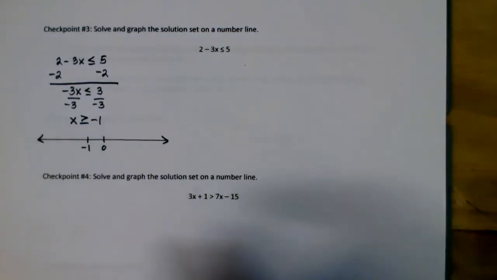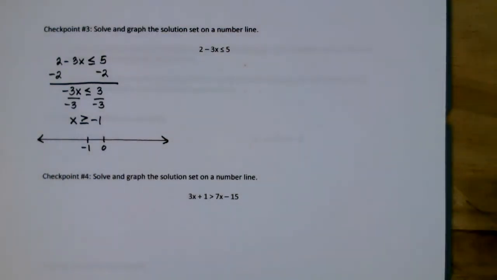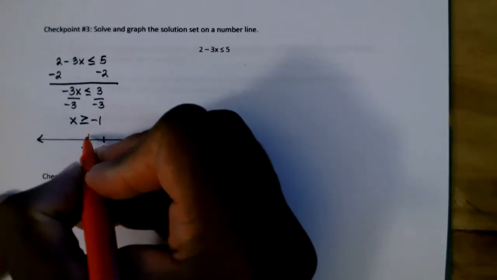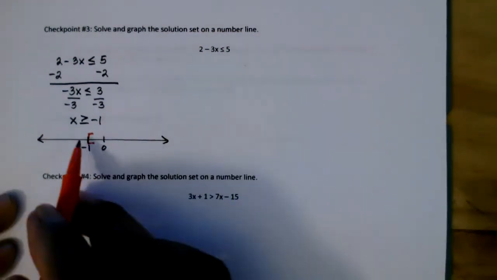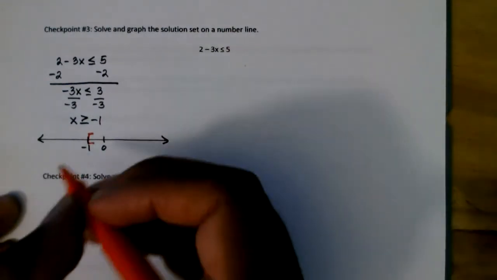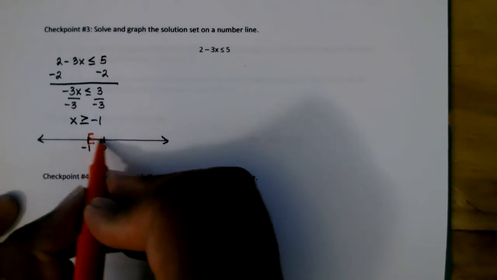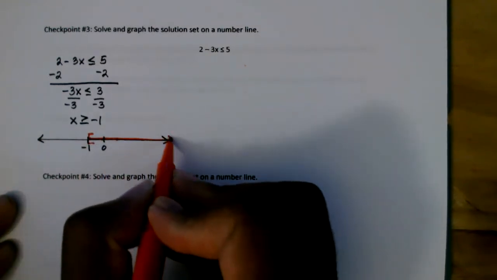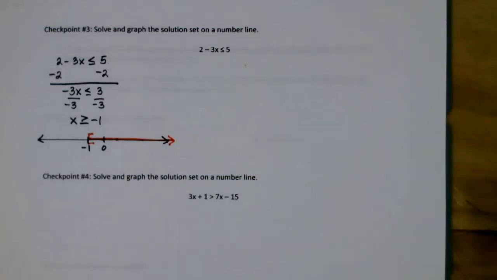That means that negative 1 is included, so we're going to put a bracket at negative 1. And of course, greater than points to the right, so we're going to shade to the right of negative 1, like this. So that's what the graph of that solution set is.